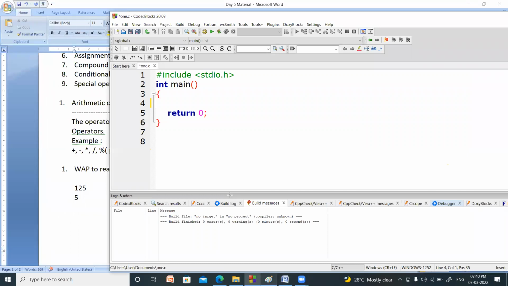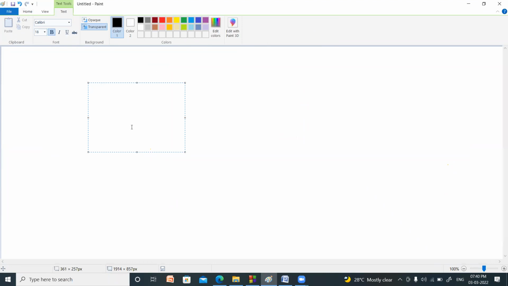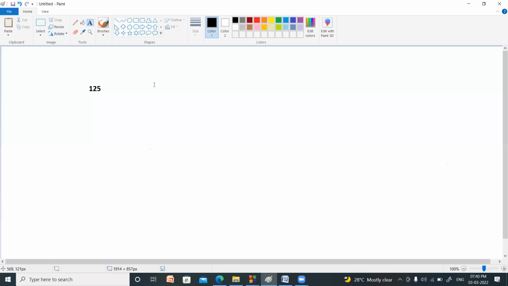See, I will give an example before writing the program. Using this, you can find it very easily. Now see this. My number is 125. Divide this number with 10. Now, this 10 will go how many times in 125?